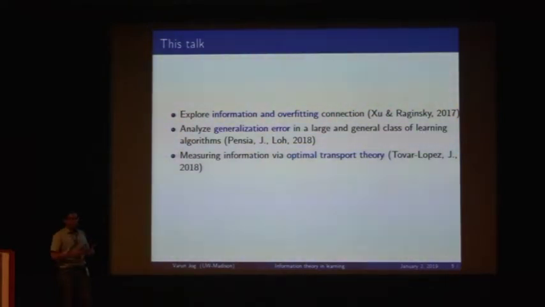And then I'll explain why sometimes using information theory is not the best way to get bounds, because sometimes you get bounds which are not useful, say, infinity. And one way to get around that is to not use information theory but use some other kinds of tools. So I'll explain how to get some bounds using ideas from optimal transport theory, and then I'll just conclude and throw out some open problems.